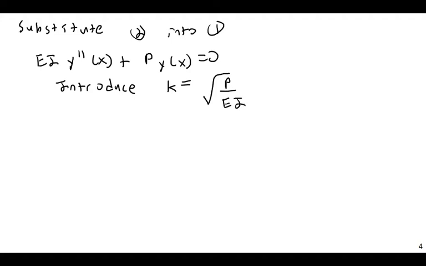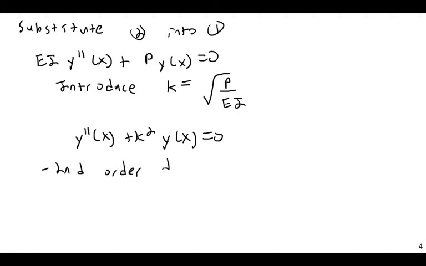So if I work through this, this is going to be equal to y double prime of x plus k squared times y of x is equal to 0. And so basically this is now a second order differential equation with constant coefficients, at least constant in the context of x and y.